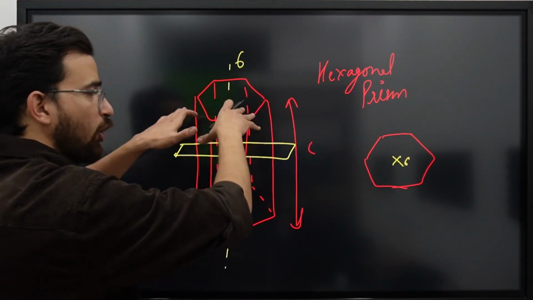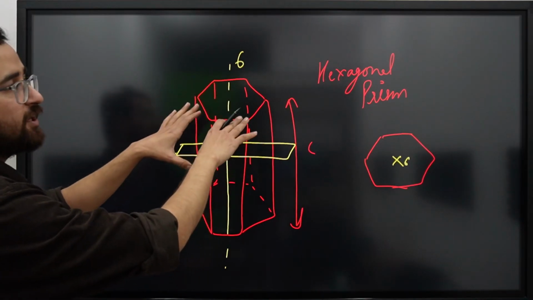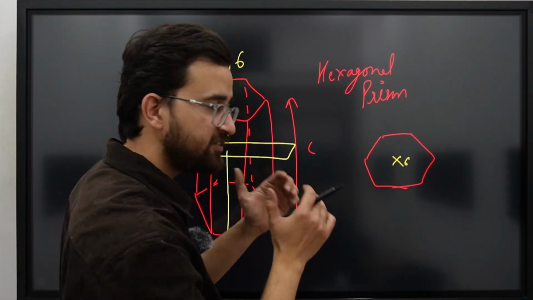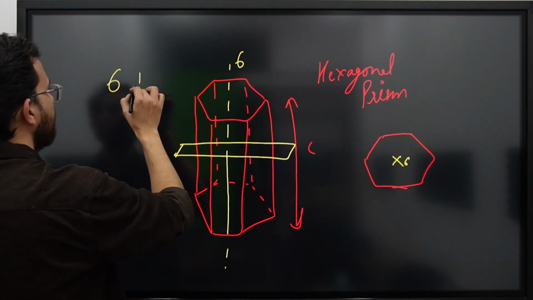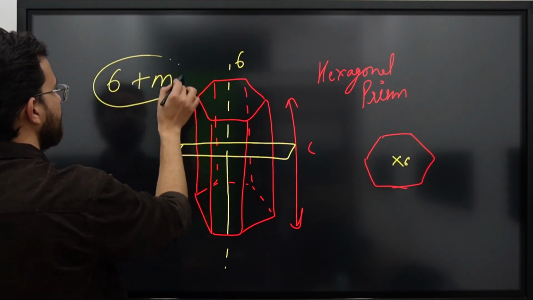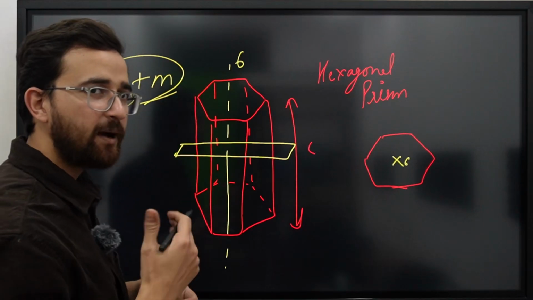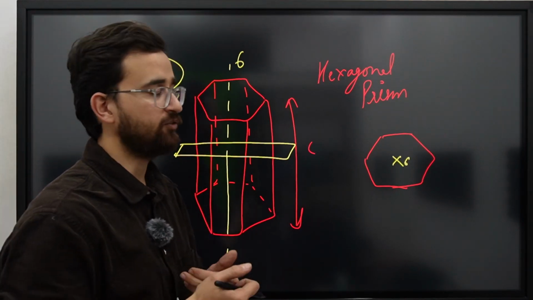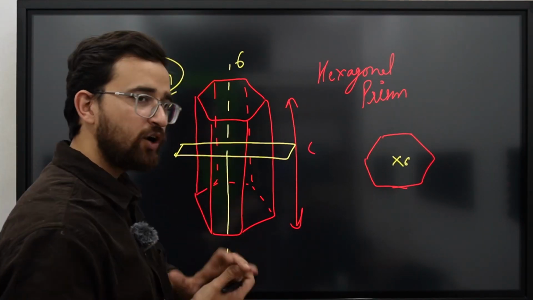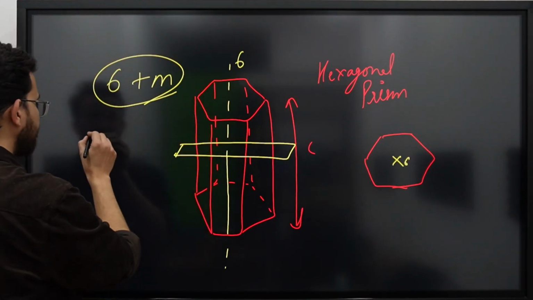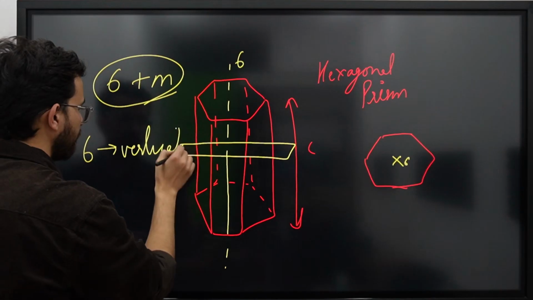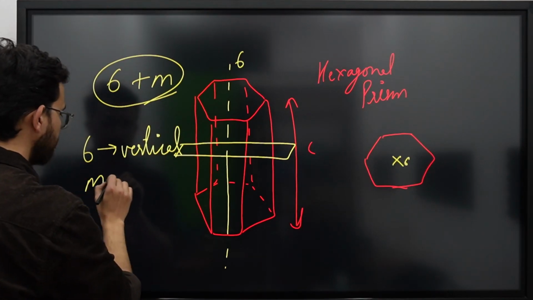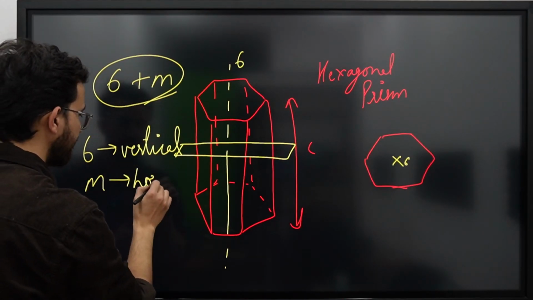You can imagine many more symmetry elements in this hexagonal prism. Now what is this telling us? This is telling us that at least there was a 6-fold and a mirror plane in this image. That means at least you can combine these two symmetry operations. And how have you combined them? You kept the 6-fold in the vertical direction, and the mirror plane was in the horizontal direction.